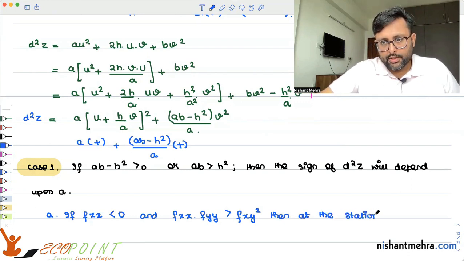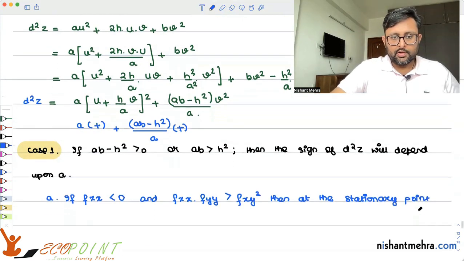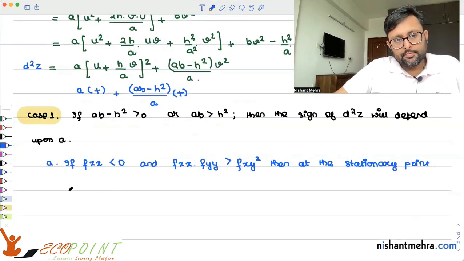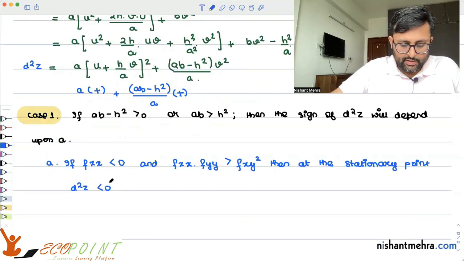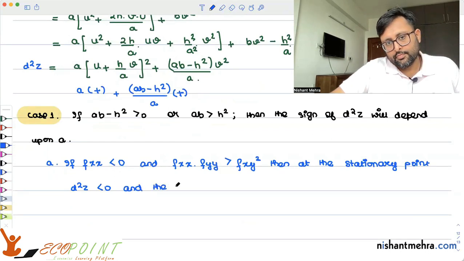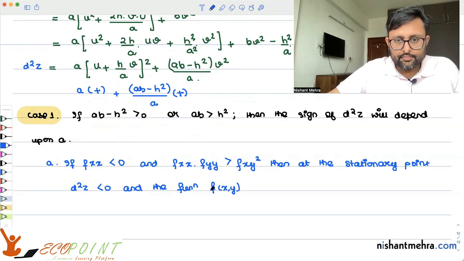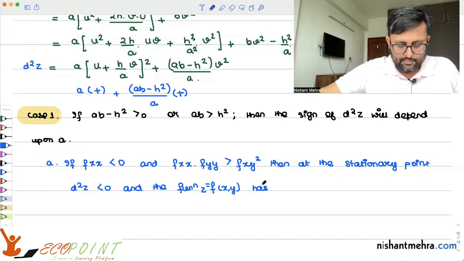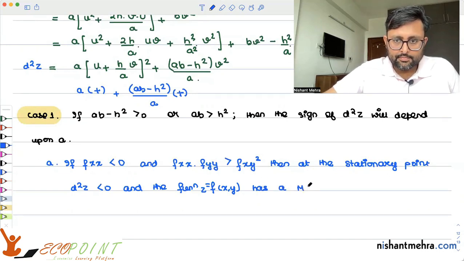And at the stationary point, d to z will be less than 0, and the function z equals f of x y has a maximum.